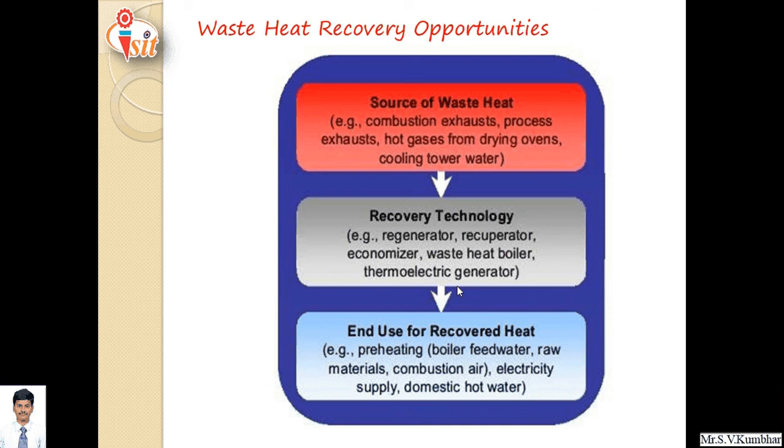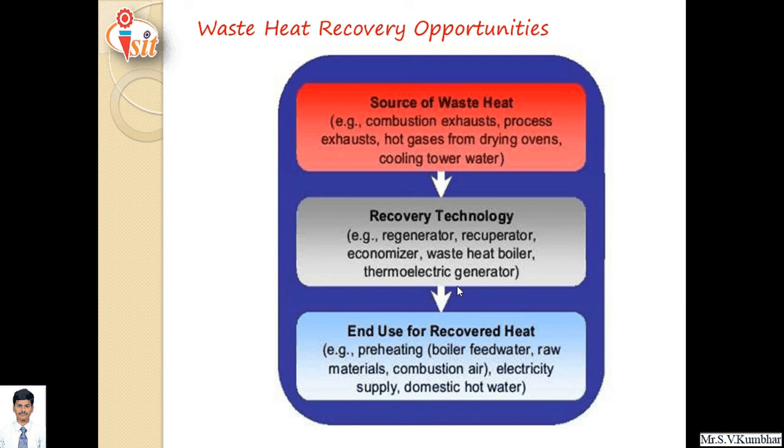After finding the source of waste heat, the second important thing is we have to identify the recovery technique, that is, whether we have to go for a regenerator, recuperator, economizer, waste heat boiler, or thermoelectric generator.